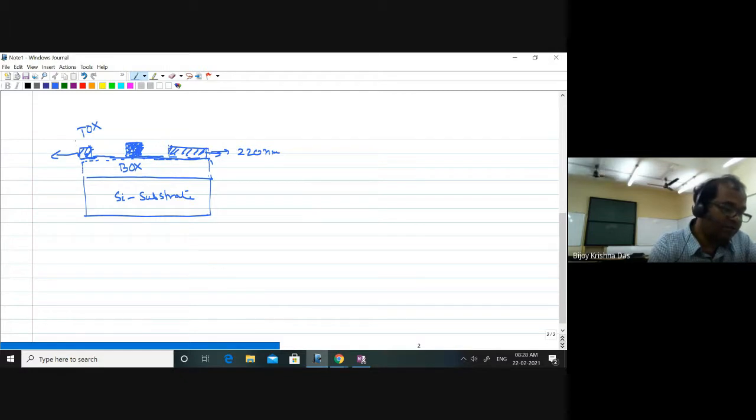But you can also fill the complete layer with oxide. And if necessary, as I said, you can leave some layer of silicon. Maybe I can draw it a little differently so that it is easier.